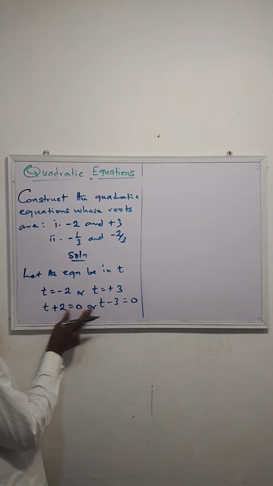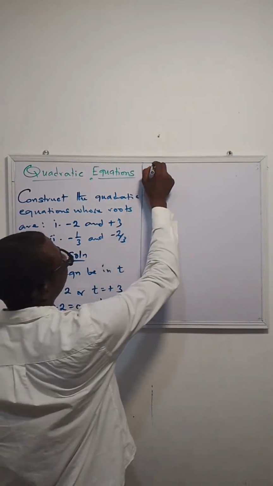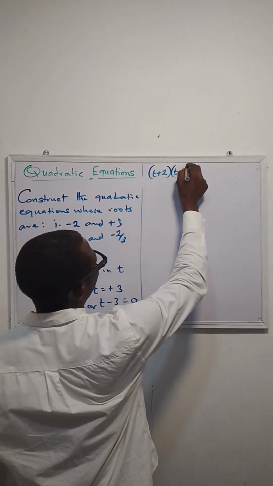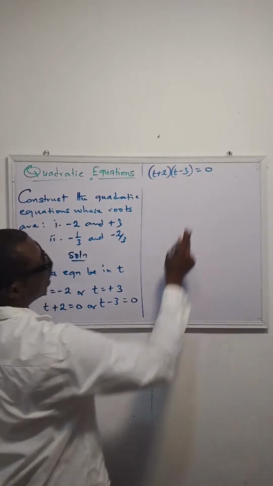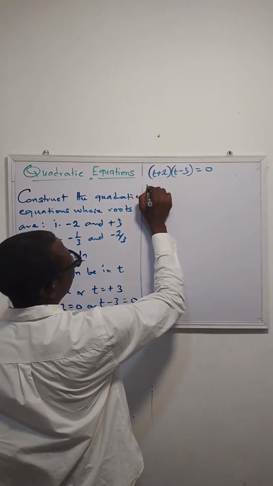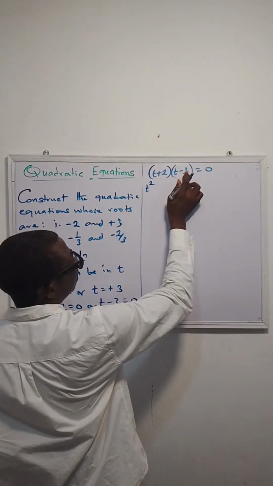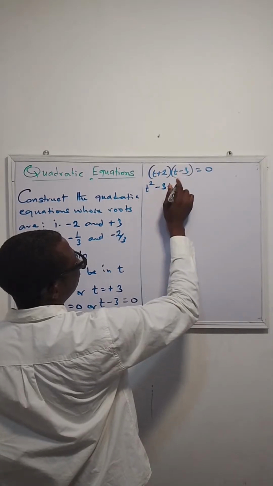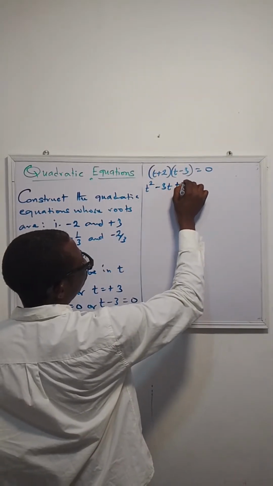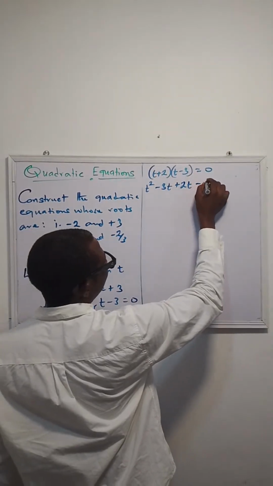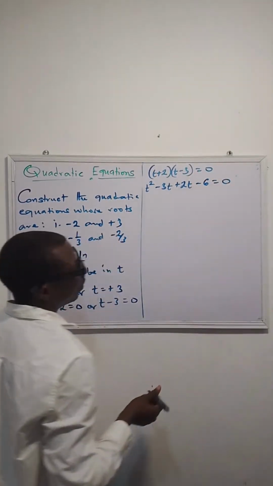So you can now bring these two together: (t + 2)(t - 3) = 0. So we can expand this. t times t is t squared. t times -3, we have -3t. 2 times t, we have plus 2t. 2 times -3, we have -6 = 0.